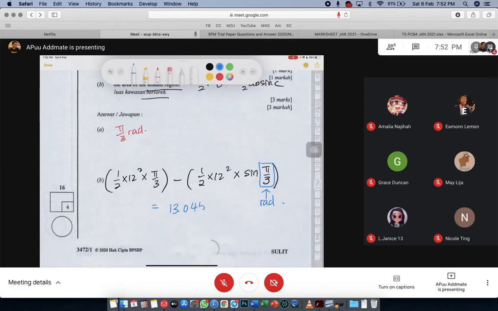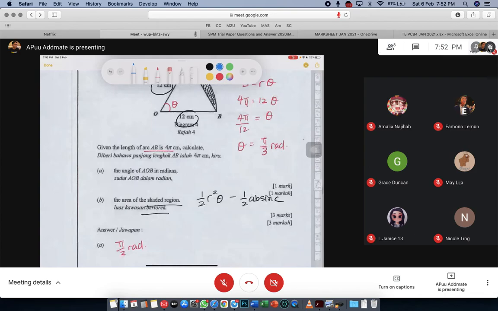Because I got 13.044, but I think it should be fine, no big problem. So what do you use for pi? The yellow one, the 3.142, Amar? 3.142. Okay, that is why it is different, because I use the yellow pi. So your answer is 13.049. It is acceptable, no problem. So now this is your answer for question B.